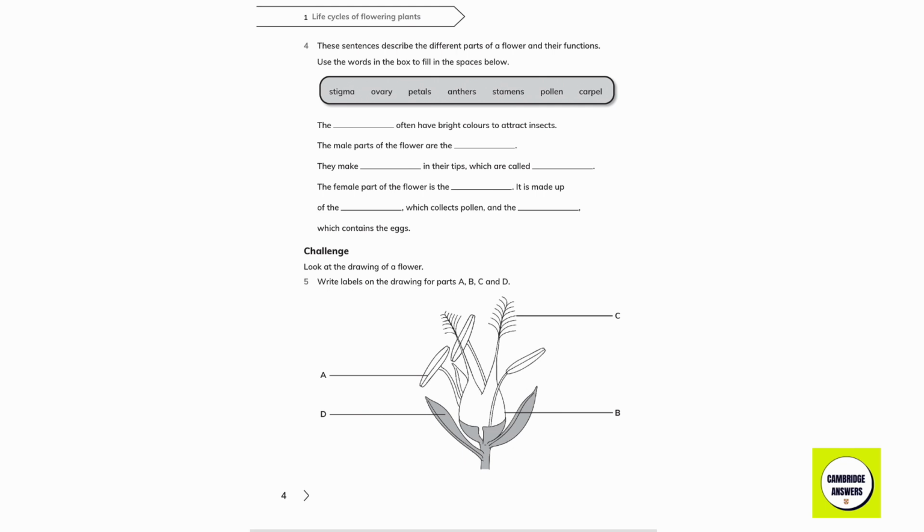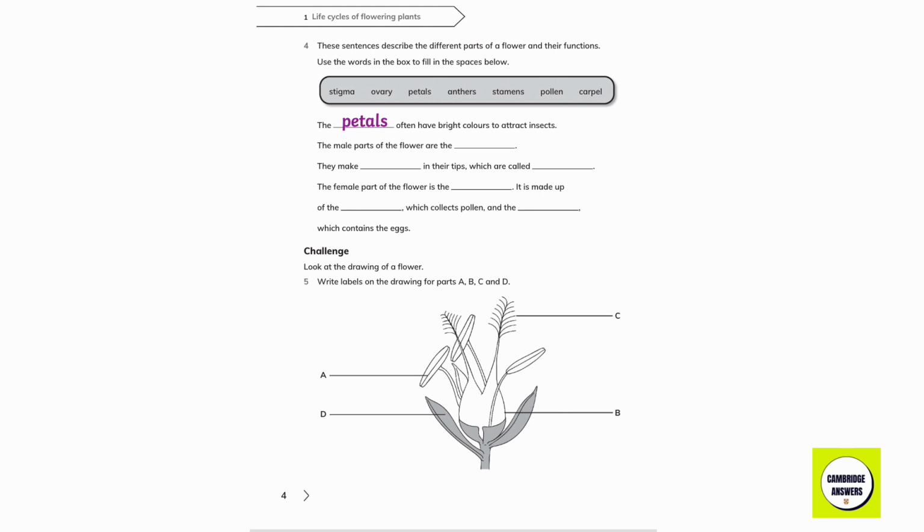Question number 4. These sentences describe the different parts of a flower and their functions. Use the words in the box to fill the spaces below. Stigma, ovary, petals, anthers, stamen, pollen, and carpel. The petals often have bright colors to attract insects.